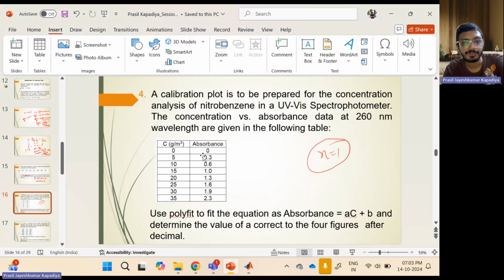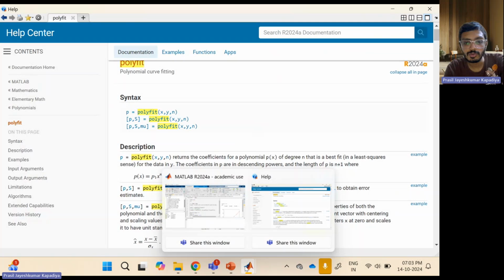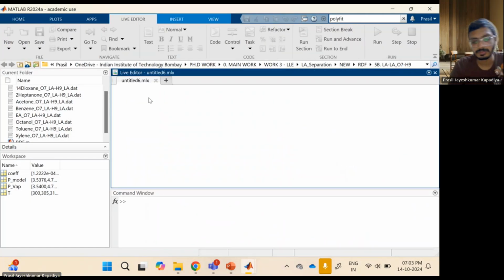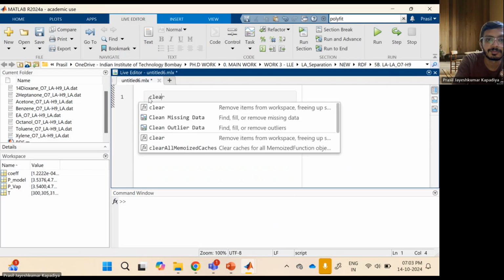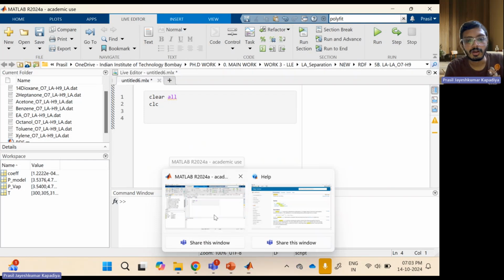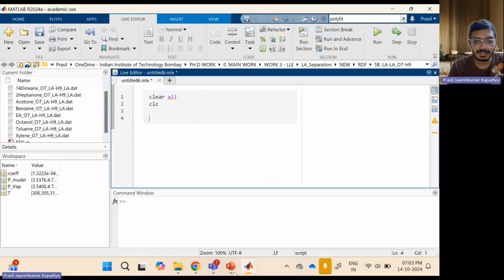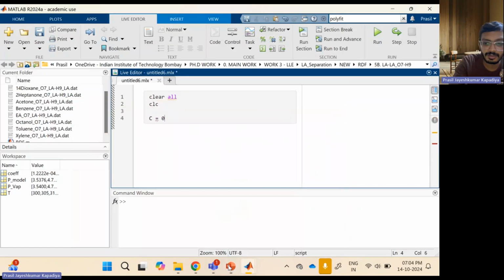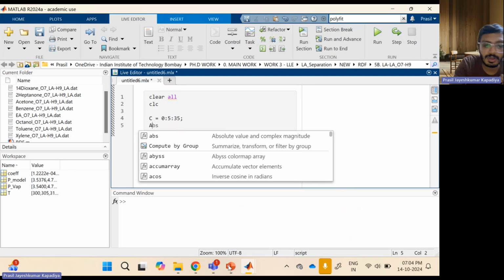So what do we need to do? Here also, let's write down. C is equal to 0 to 35 in steps of 5: 0, 5, 10, 15, 20, 25, 30, 35. Okay, so this is my C. Now I need to write down the value of absorbance.